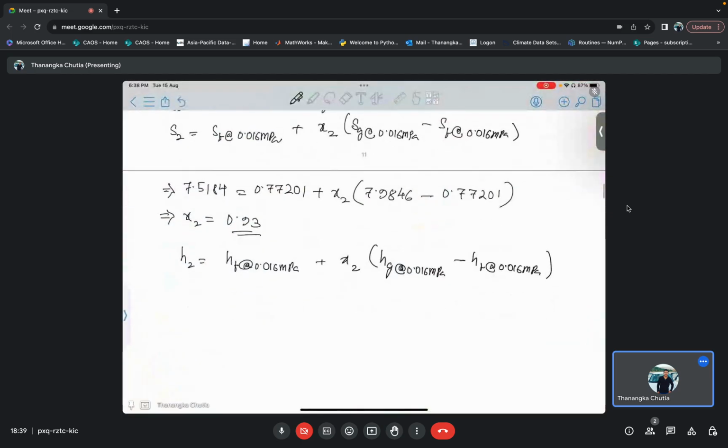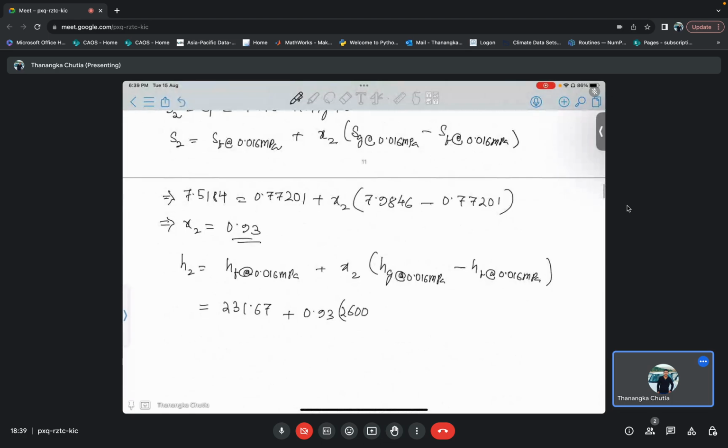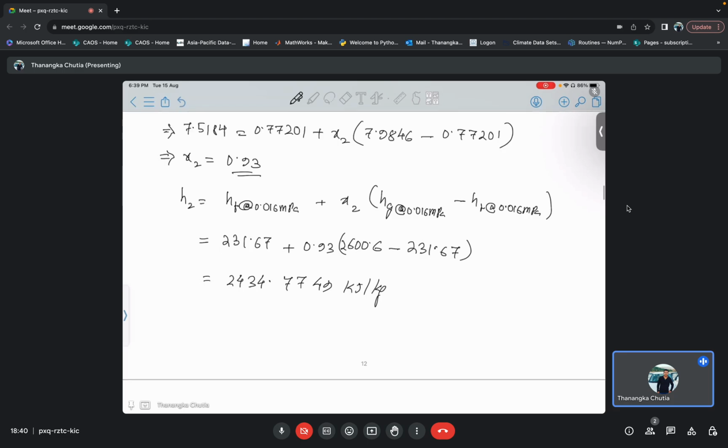So H2 is 231.67 plus 0.93 times 2600.6 minus 231.67, and this will be 2434.7749 kilojoule per kg.